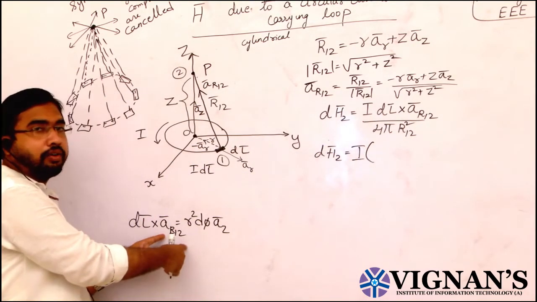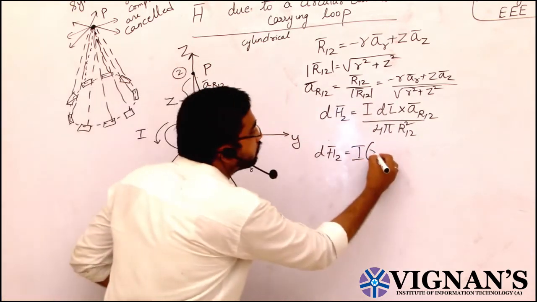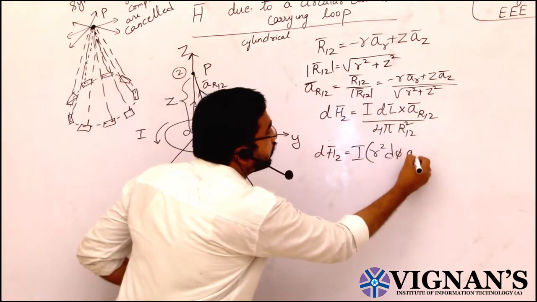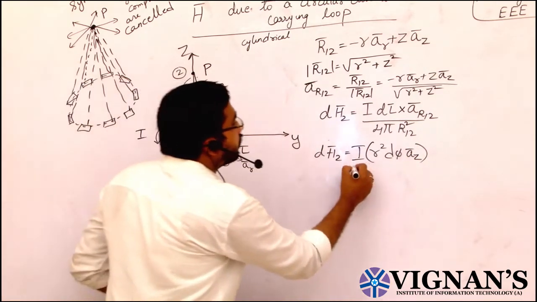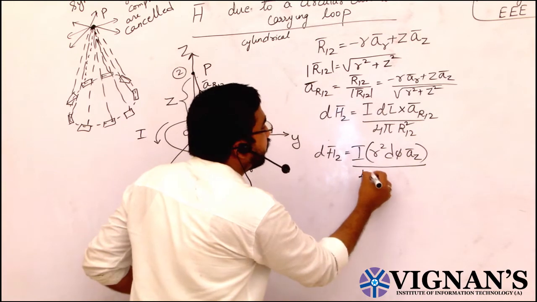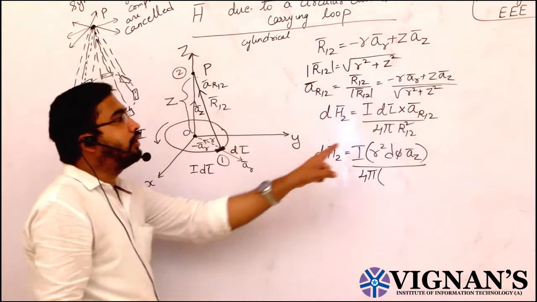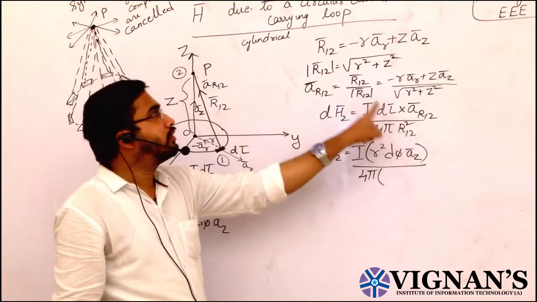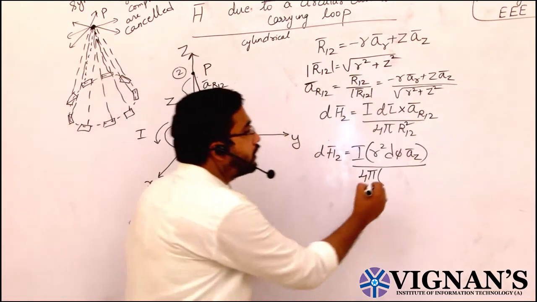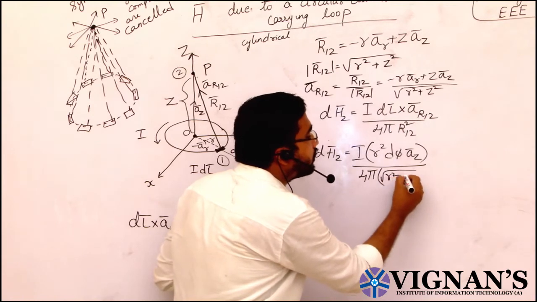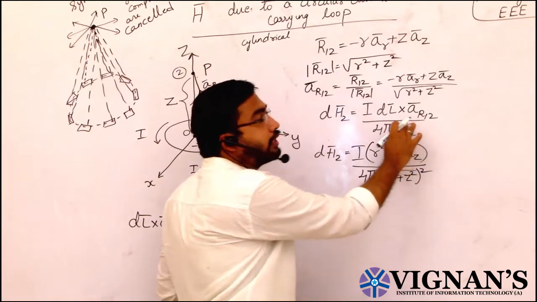Dl bar cross aR12 bar value is r square d phi aZ, r square d phi aZ divided by 4 pi into what is the magnitude of the distance for R12? Magnitude of the distance is root over r square plus z square. That means root r square plus z square whole square, because it is r square.